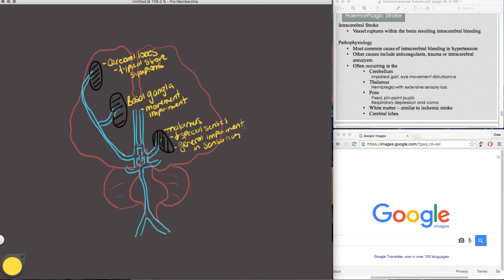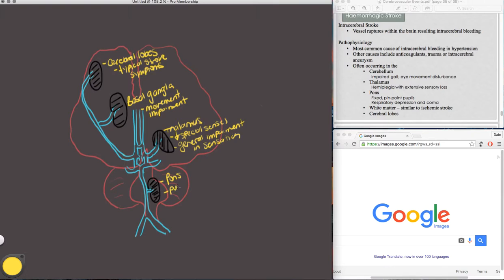Another area of the brain that's commonly affected with an intracerebral bleed is the pons. We have little pontine arteries that come off of our circulation for the brain. If we have ischemia in these areas and the pons is affected, we start to see symptoms related to pupillary response, respiration, and consciousness.